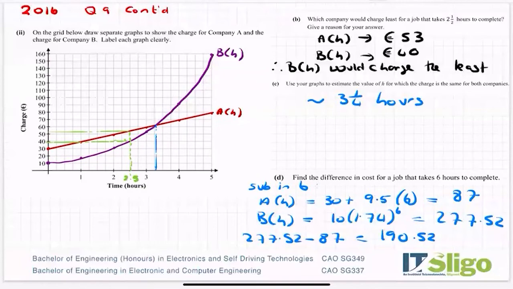Your answer is: for a job that takes less than 3¼ hours, choose BH, because he's less. But if it's a long job, do not choose BH, choose AH. So you need to estimate the length of time for a job. If it's less than 3¼ choose BH. If it's greater, choose AH.